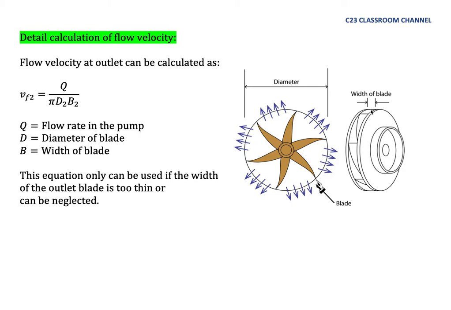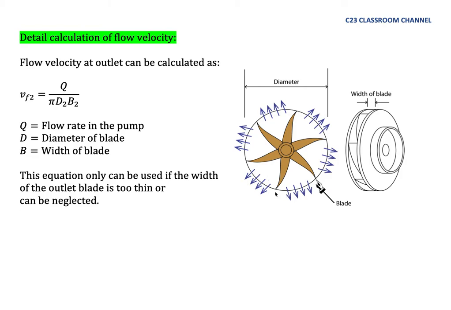The distance of this is determined as the width of blade. So why do we calculate Vf2 equal to Q over pi d2 b2? Because we imagine that the water will flow like a source. Meaning from one source here, the water will flow radially like this.